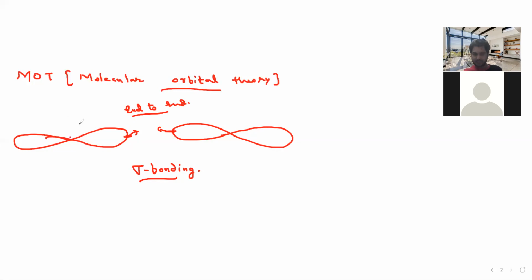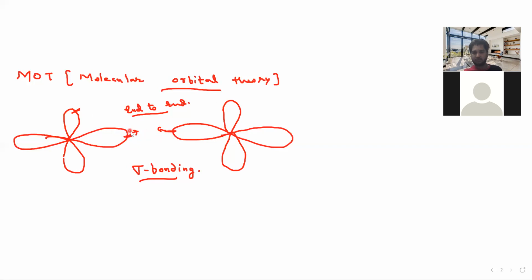So suppose actually this is a p orbital like this. Can you just see this one and this one? Yeah. So they also want to overlap with each other. Obviously, before overlapping, they can't just overlap. If they want to overlap with each other, this has to overlap fully first.